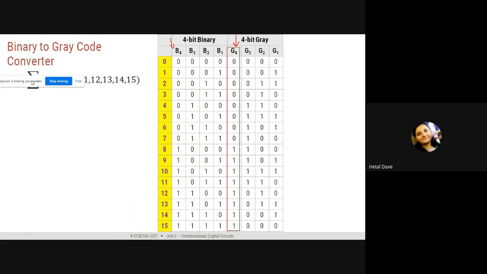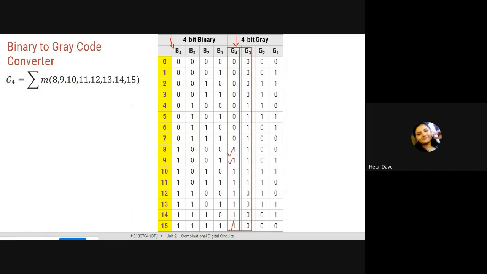But before the equation, let's decide the min terms. Here the min terms for G4: whenever my input is 8, G4 is 1, 9 up to 15. So the min terms are decided, 8, 9, 10 up to 15.